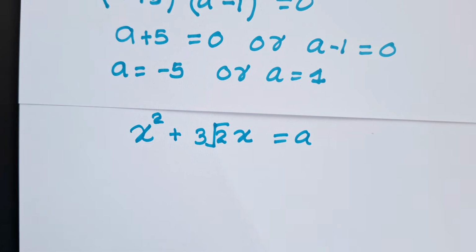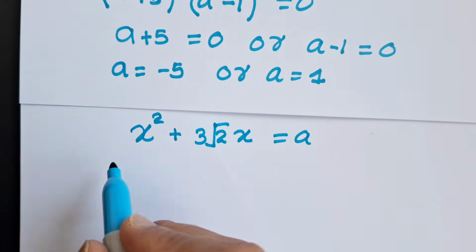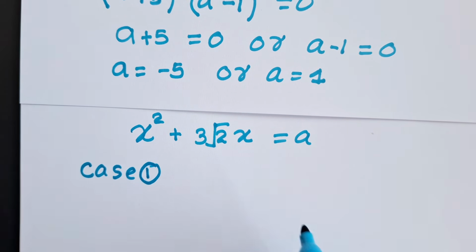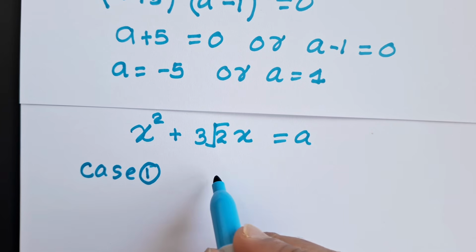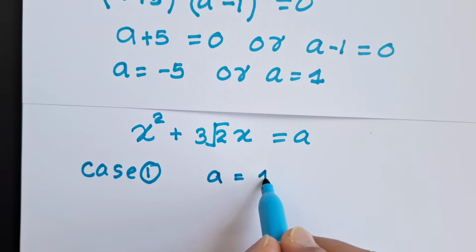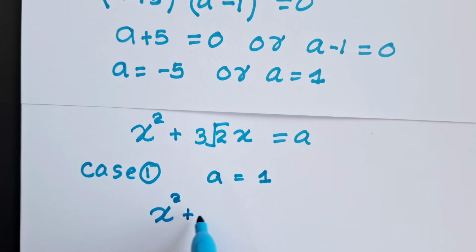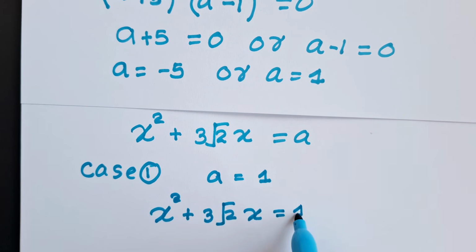So in my case 1, I am going to consider a is equal to plus 1. Then x squared plus 3 times square root of 2 times x is equal to 1.